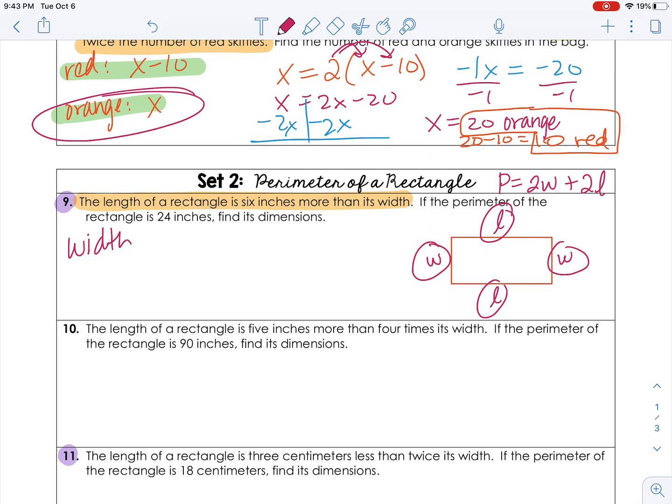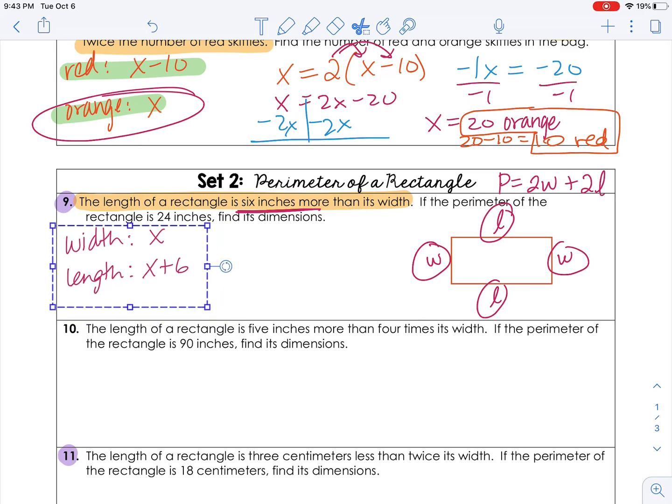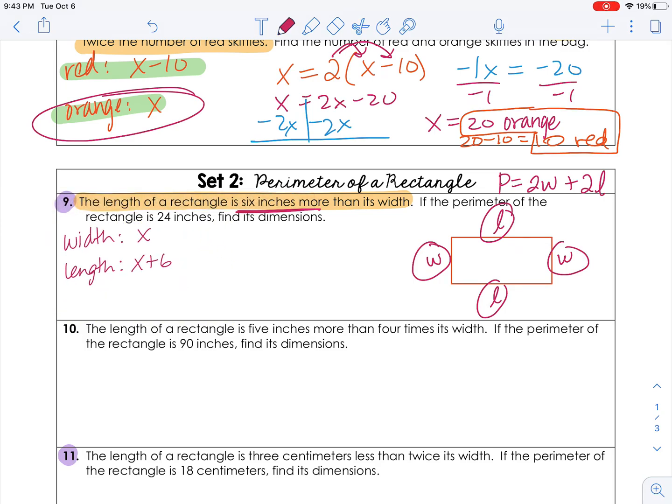So if I have the width and the length, and I let the width be X, then to get the length, I need to put 6 more inches on the width, so I need to add 6. From here, what we need is our formula for perimeter. P equals 2W plus 2L.